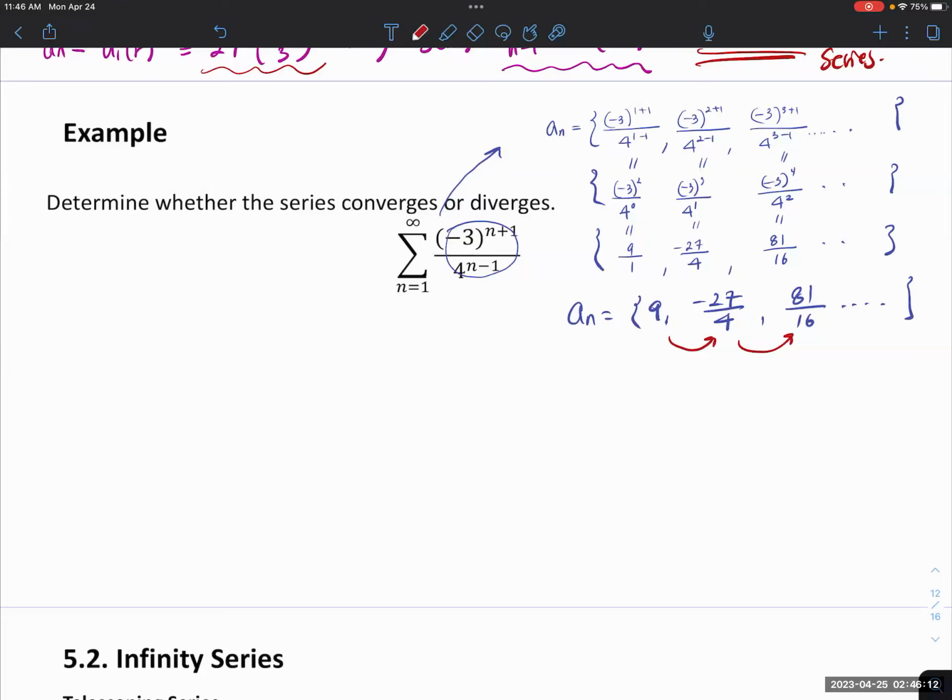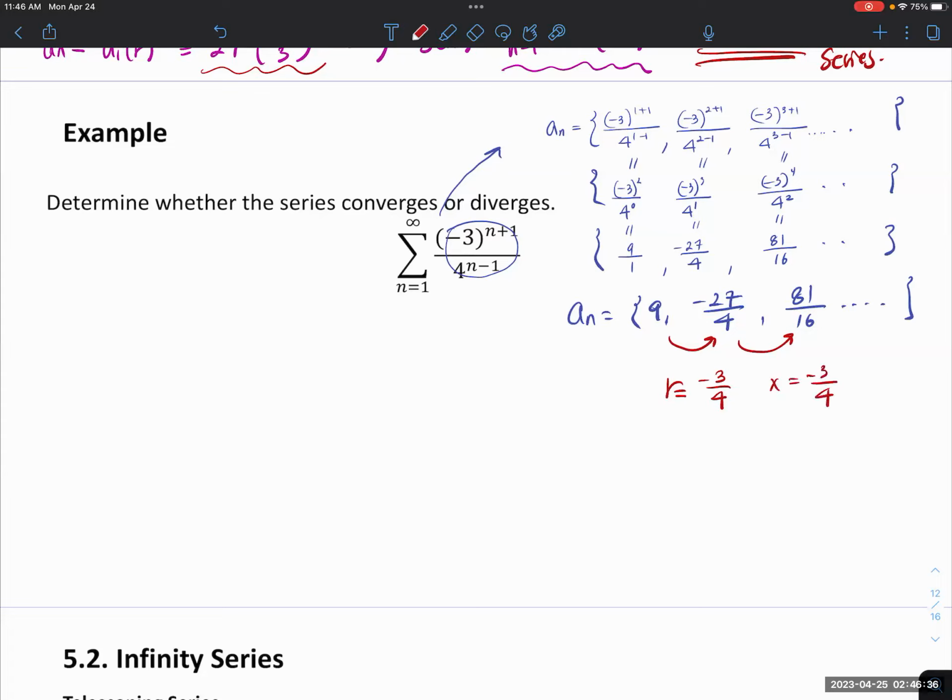What is the r? From 9 to -27 over 4 to get the next number, it looks like they're multiplying by -3 over 4, isn't it? So 9 times -3 over 4 is -27 over 4. Same thing from here to get the third number, you keep multiplying by -3 over 4.